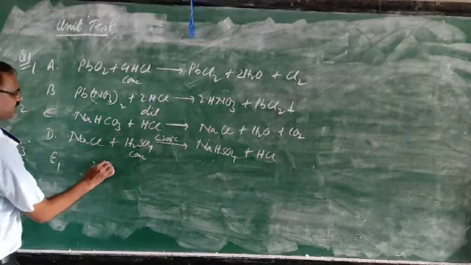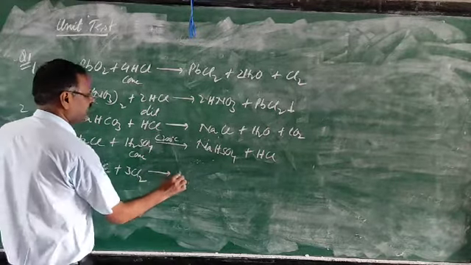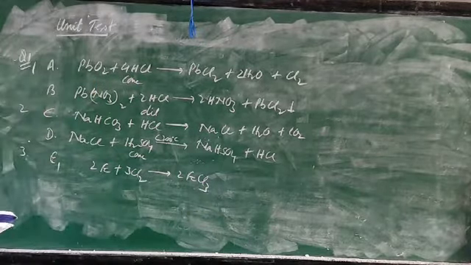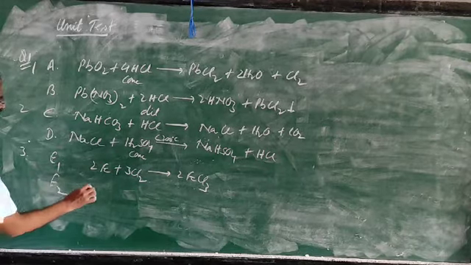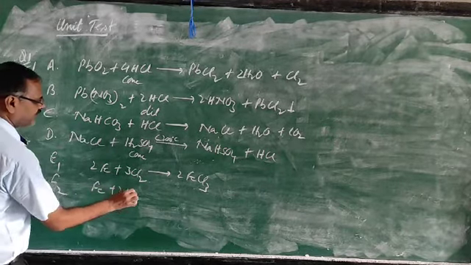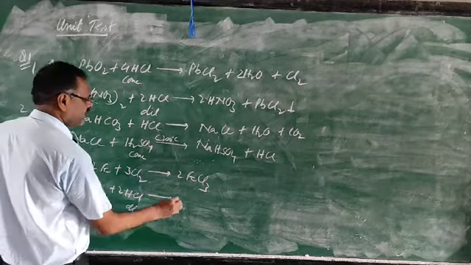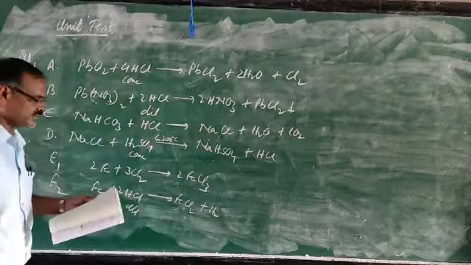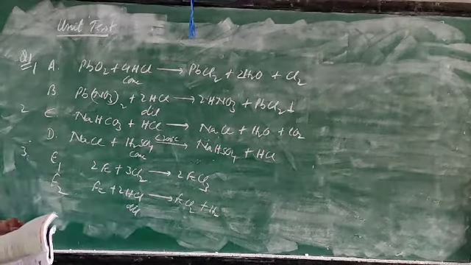So direct combination 2Fe plus 3Cl2, it gives 2FeCl3. Then iron to FeCl2, that iron react with dilute hydrochloric acid. This will give FeCl2 and hydrogen.